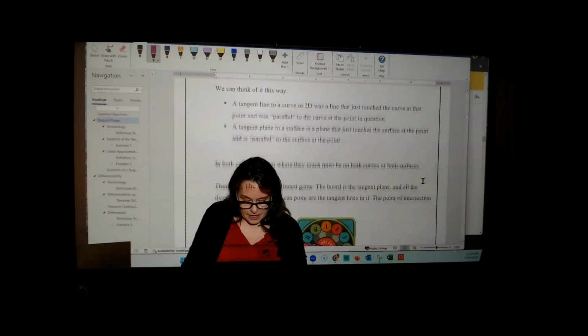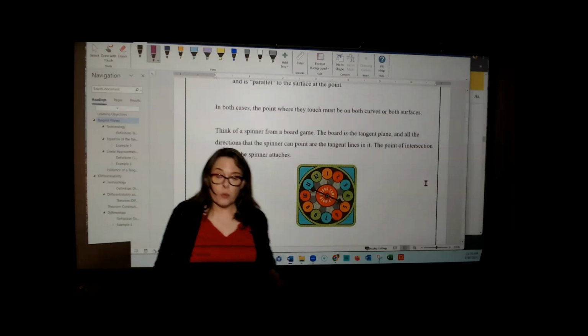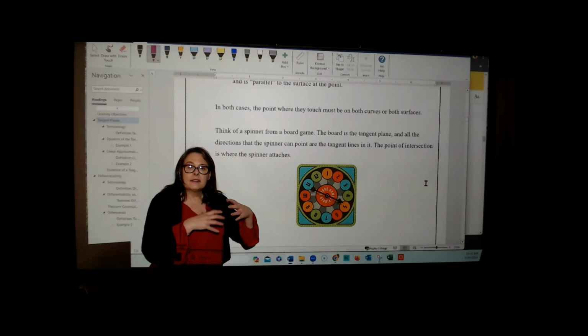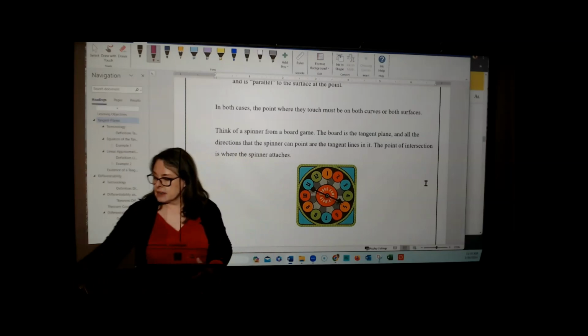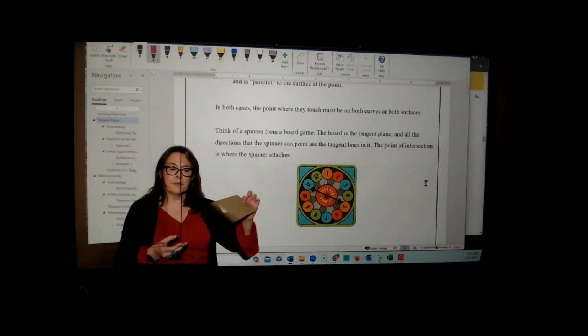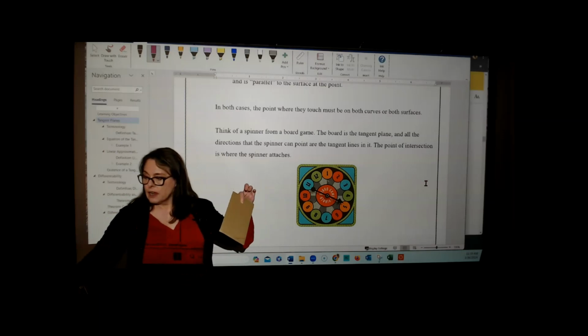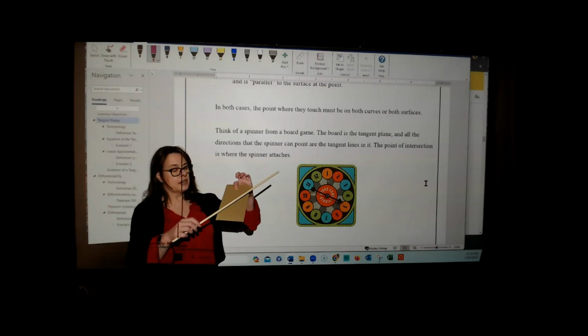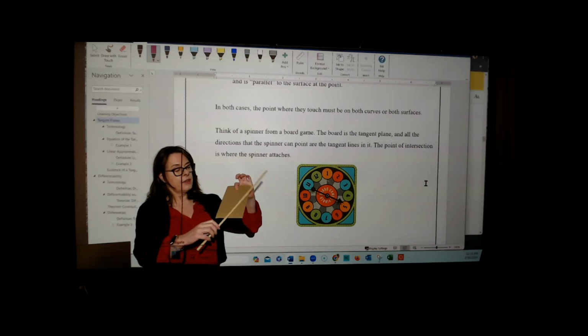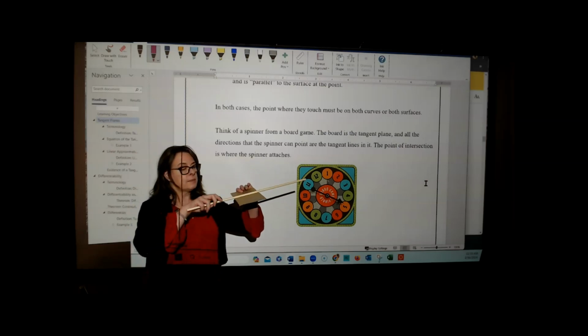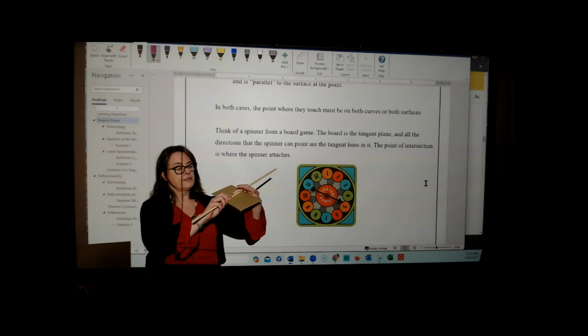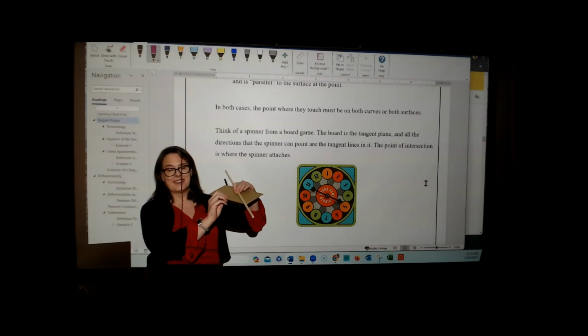What we want to do now is think about the way that these tangent planes are created. So again, if I take my piece of cardboard and I am assuming it's touching my surface, there are infinitely many tangent lines that spin around the same point. And it's very hard to spin this with just two hands.